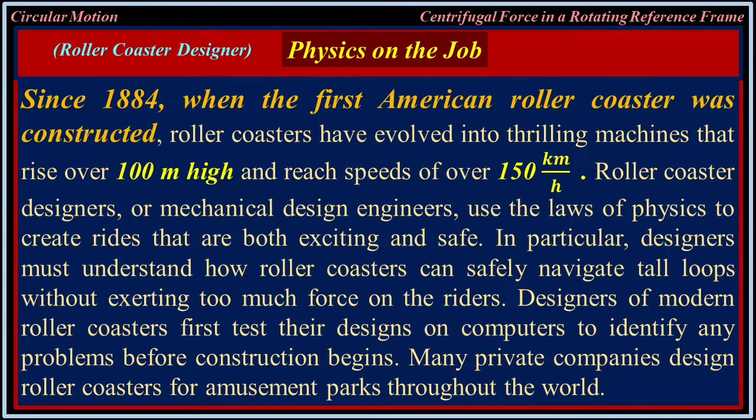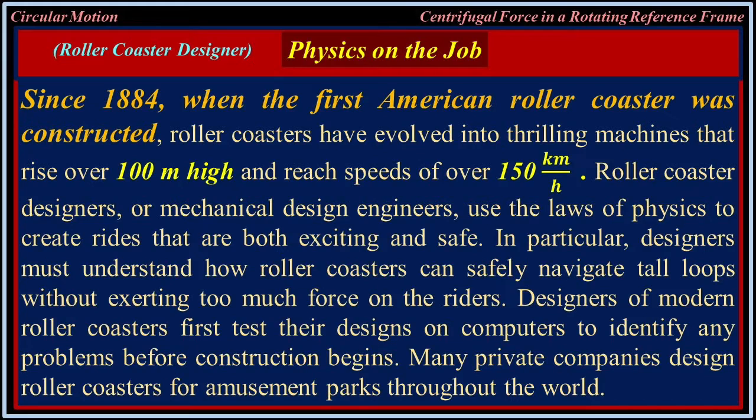Since 1884, when the first American roller coaster was constructed, roller coasters have evolved into thrilling machines that rise over 100 meters high and reach speeds of 150 kilometers per hour. Roller coaster designers, or mechanical design engineers, use the laws of physics to create rides that are both exciting and safe.